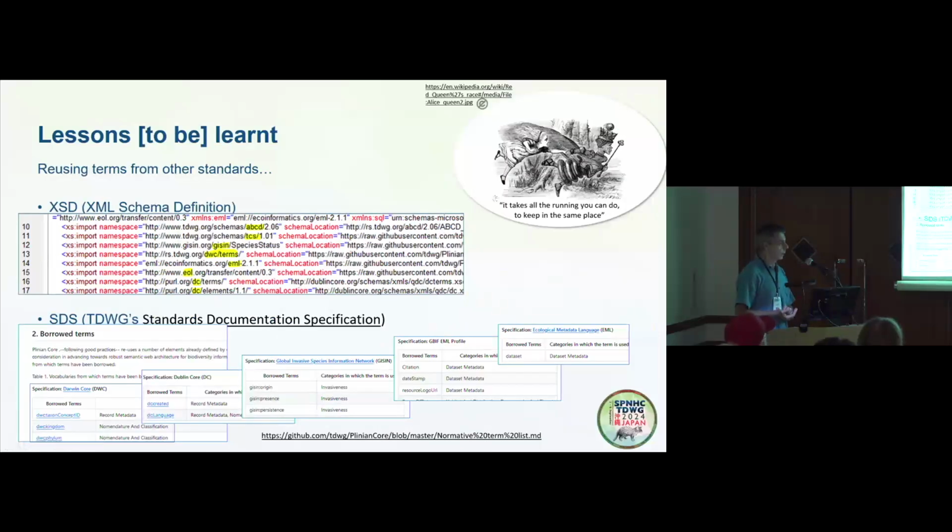Then, following good practice, Plinian Core reuses terms from, I believe, five or six other schemas.